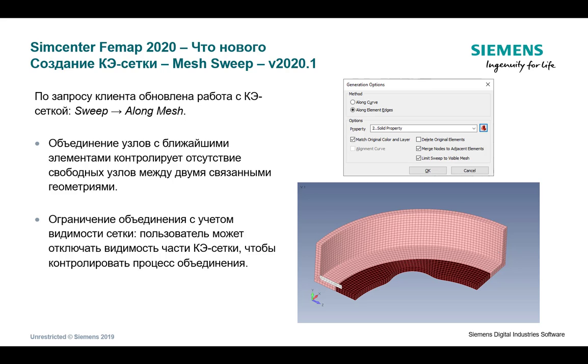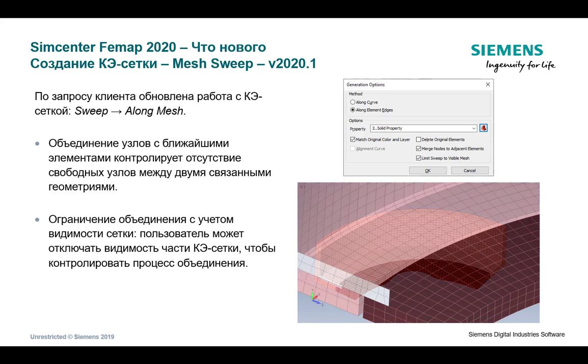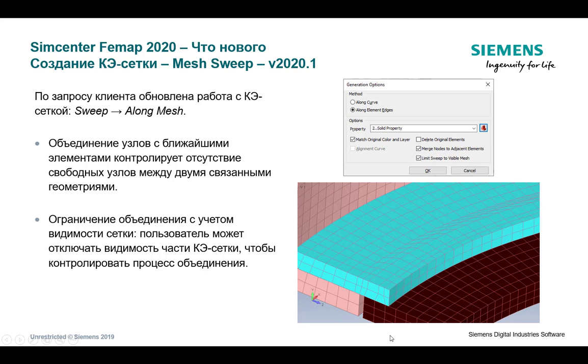The first was limit sweep to visual mesh. As you can see, we're going to take these elements and we're going to sweep them along these existing elements. Now, when all of these elements are visible, the sweep happens where it actually sweeps along this side differently than sweeps along this side.